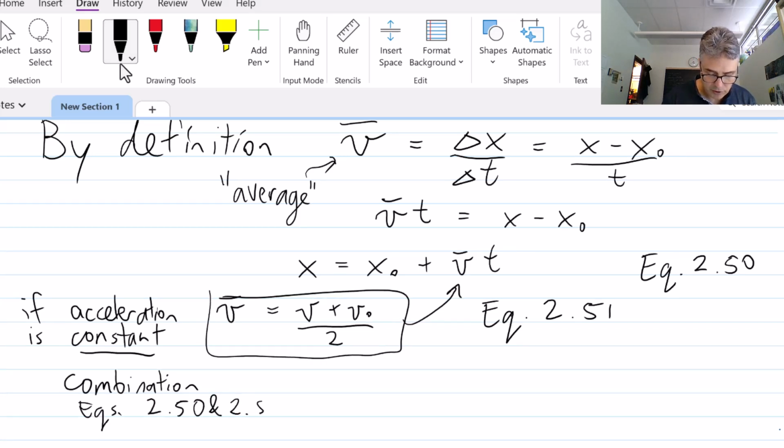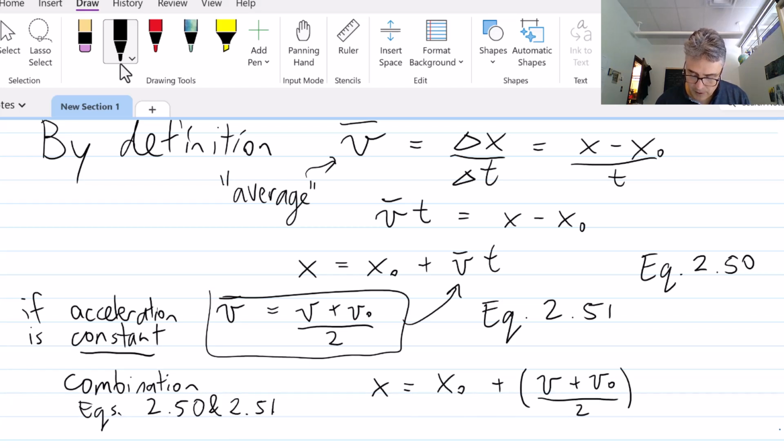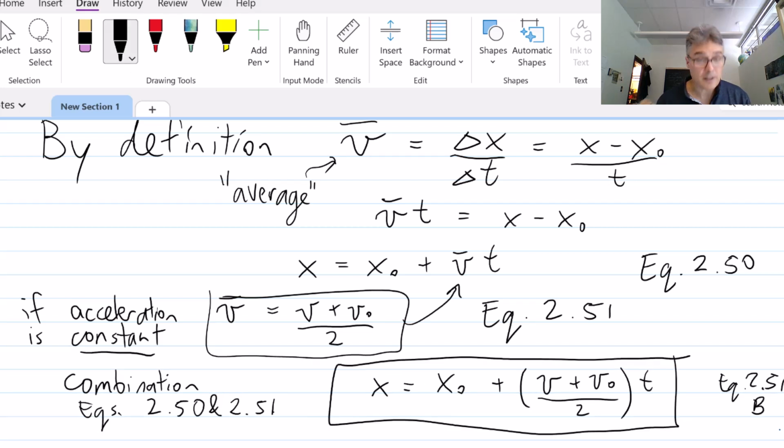The combination of equations 2.50 and 2.51 is going to be x is equal to the initial x plus v plus v0 divided by 2 all times t. And I'll call that equation 2.51b or something like that.